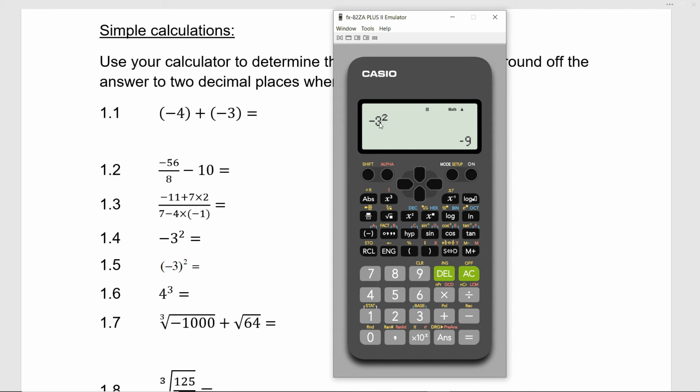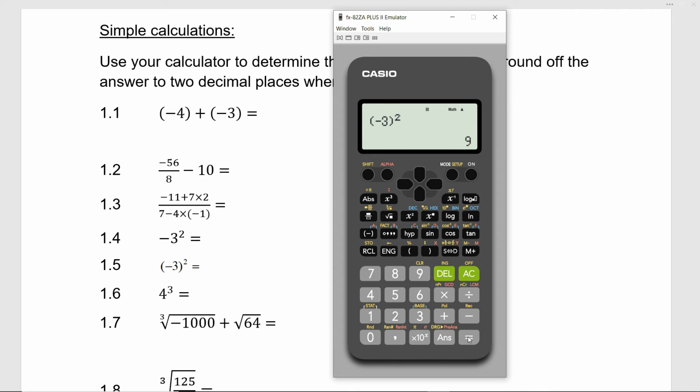However, let me go back and let me put in some brackets. If I go and I add brackets, then what is being squared is the negative and not just the 3. And you probably remember this, but if you square a negative, you get a positive.